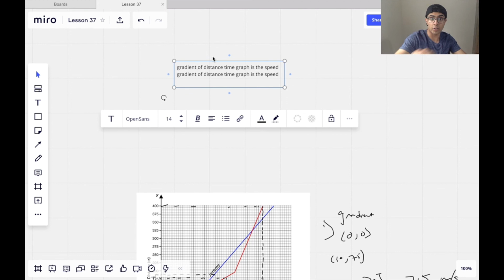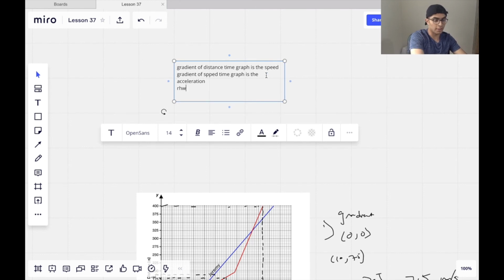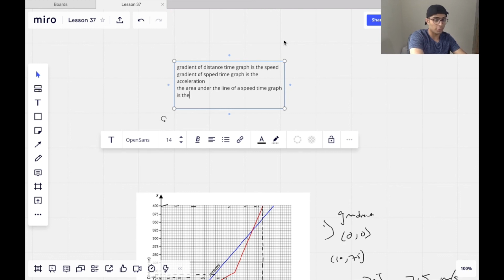The gradient of a speed time graph is what? Say it with me, acceleration. And the area under the line of the speed time graph is the distance.